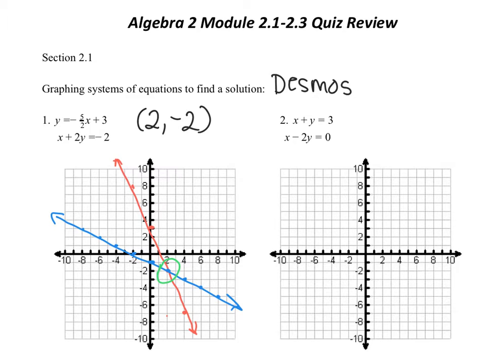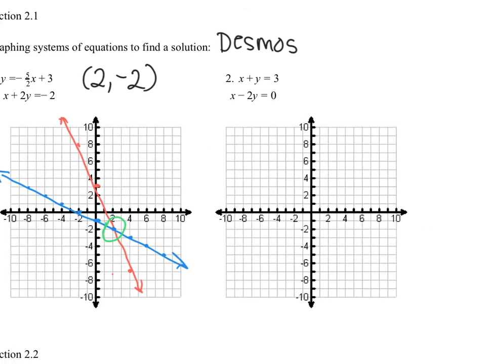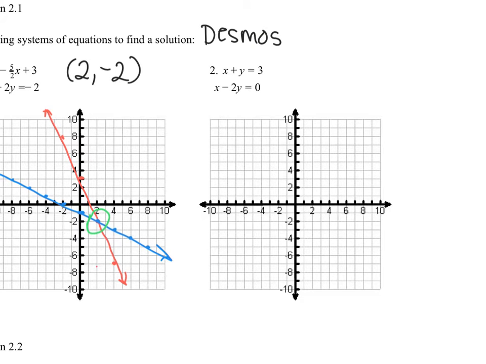Okay. Our second system is x plus y equals 3 and x minus 2y equals 0. So if we are graphing our two lines, start with the first one, x plus y equals 3.